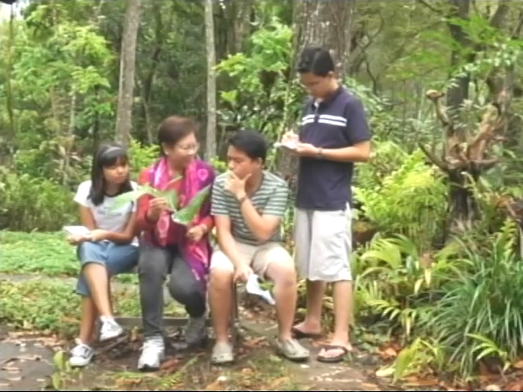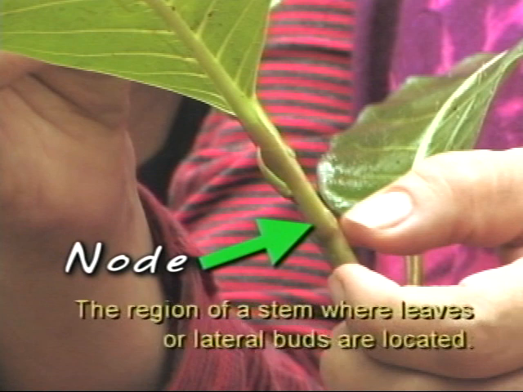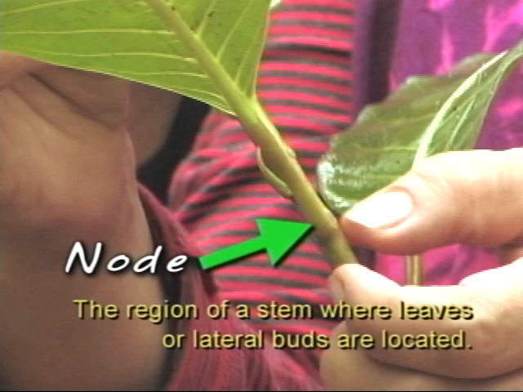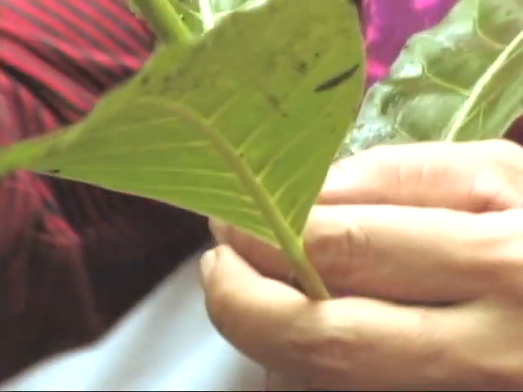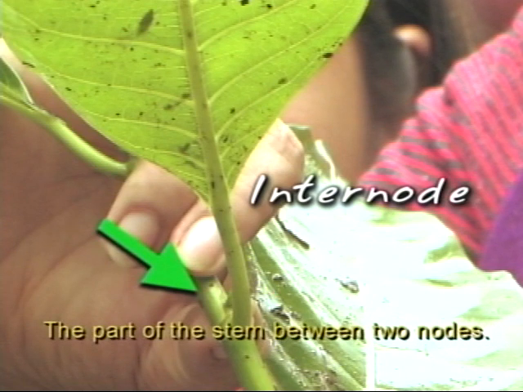Look at this stem. It is composed of the following parts: the node, the region of the stem where the leaves or lateral buds are located. The internode is the part of the stem between two nodes.